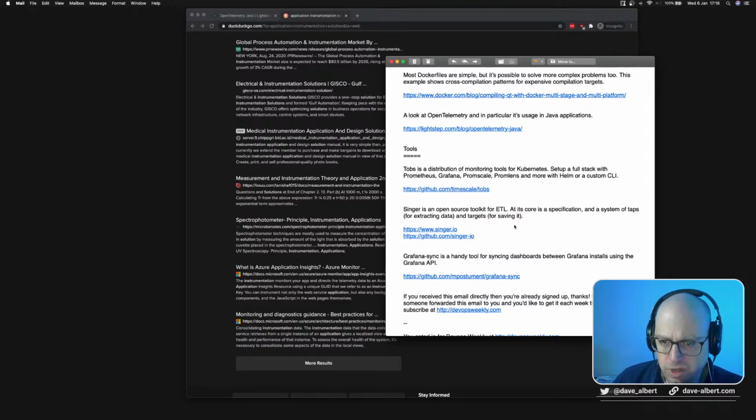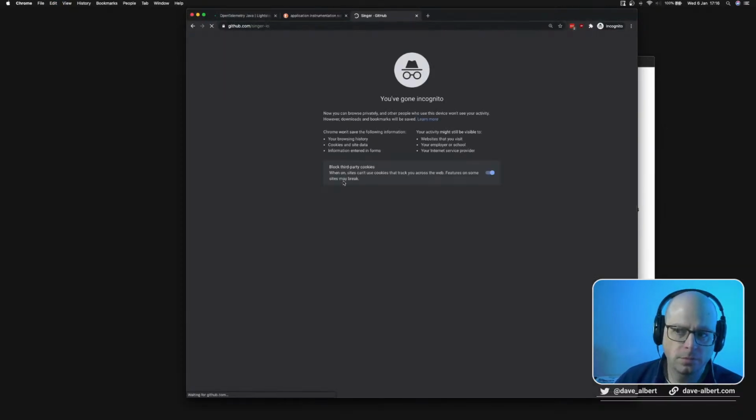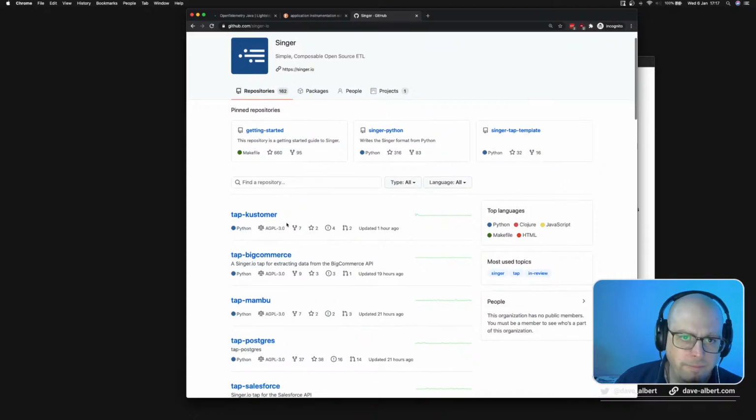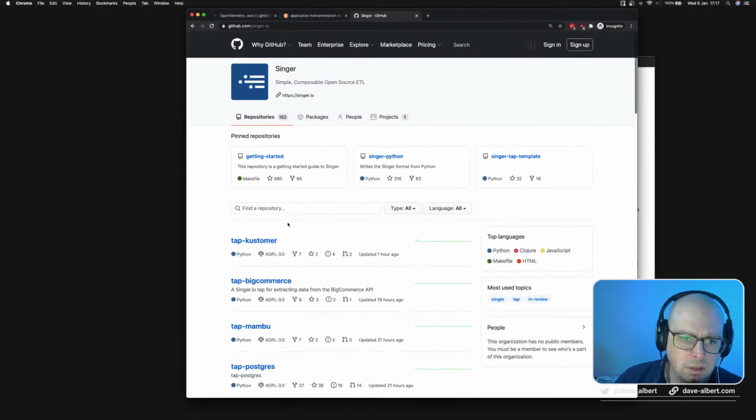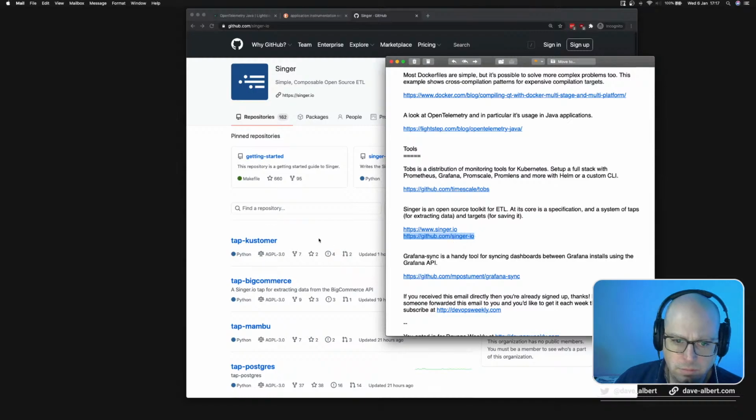Singer, open source toolkit for ETL. ETL being extract, transform, and load. So moving lots of data from one place to another, changing it in the middle. Let's see what we got here. So this is all open source toolkit.